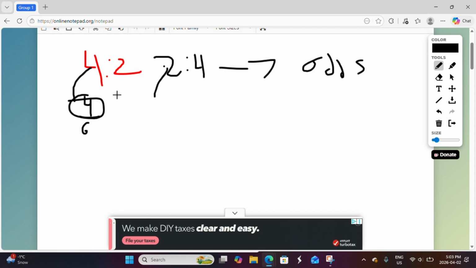There's 4 successful outcomes out of the 6 possible ones, and for the other one, let's just say there's 2 unsuccessful events, so 2 over 6. 2 unsuccessful events possible out of the 6 total possible outcomes.